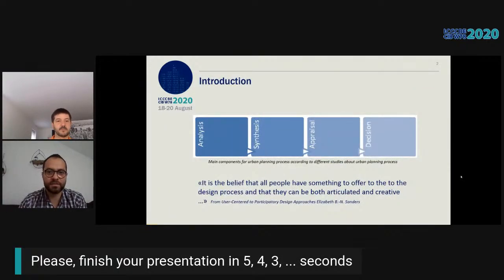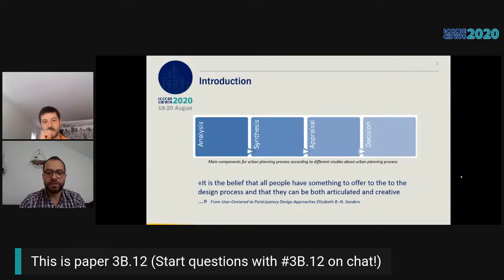So next slide. The change in urban meanings is taking place at different levels due to the increased number of urban spaces, which is also creating some challenges for environment and human health.